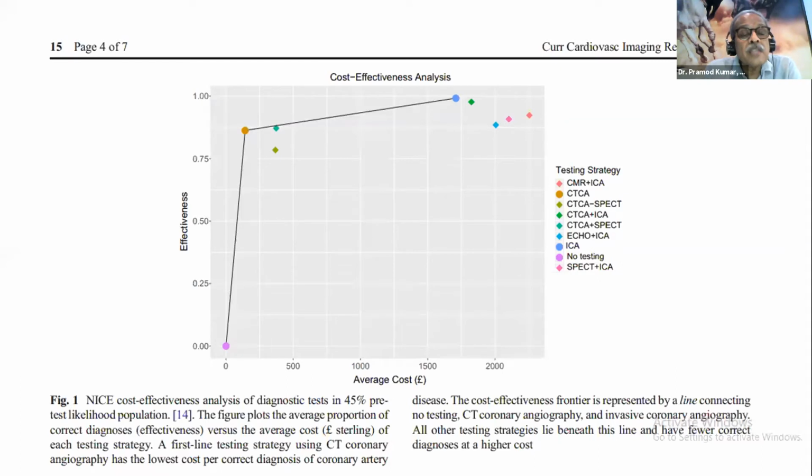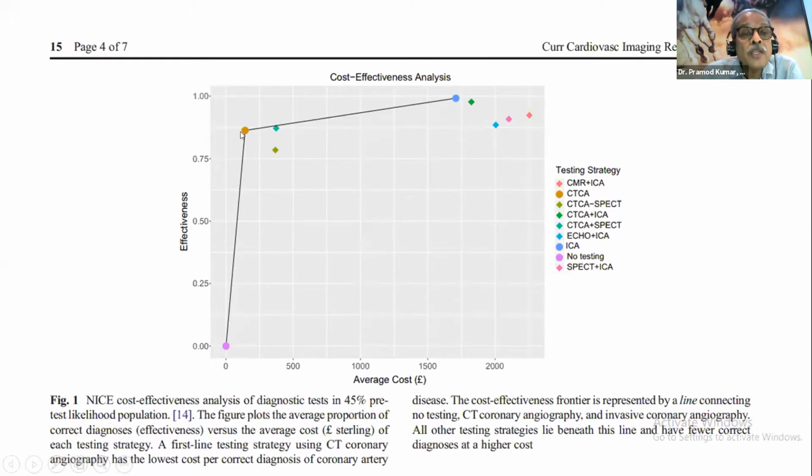In fact, this is a slide I'm going to show you. In the UK, the NHS is employing it as one of the first tests to diagnose coronary artery disease presenting as NSTEMI. As you can see here, cost effectiveness is very, very high, almost 90%, if you compare it with the blue dot, which is the invasive coronary angiogram.